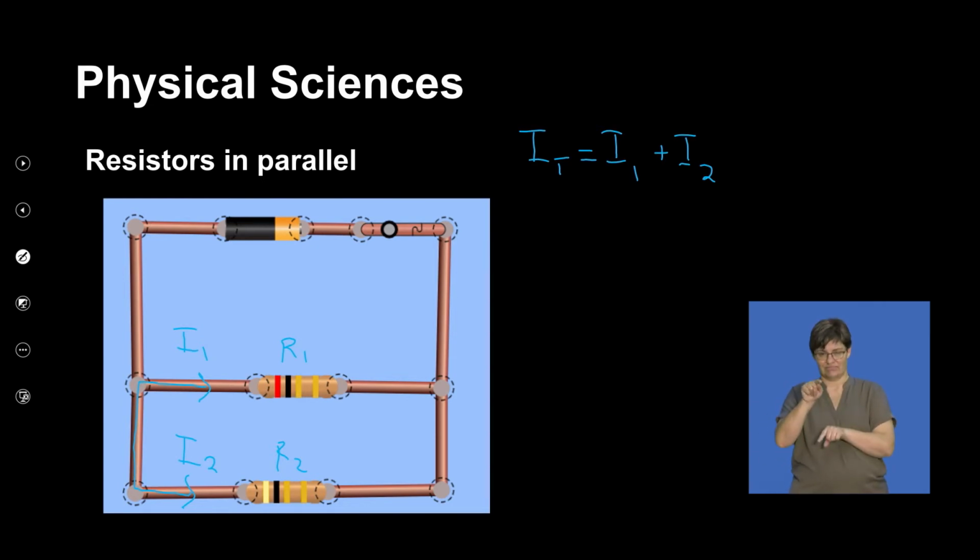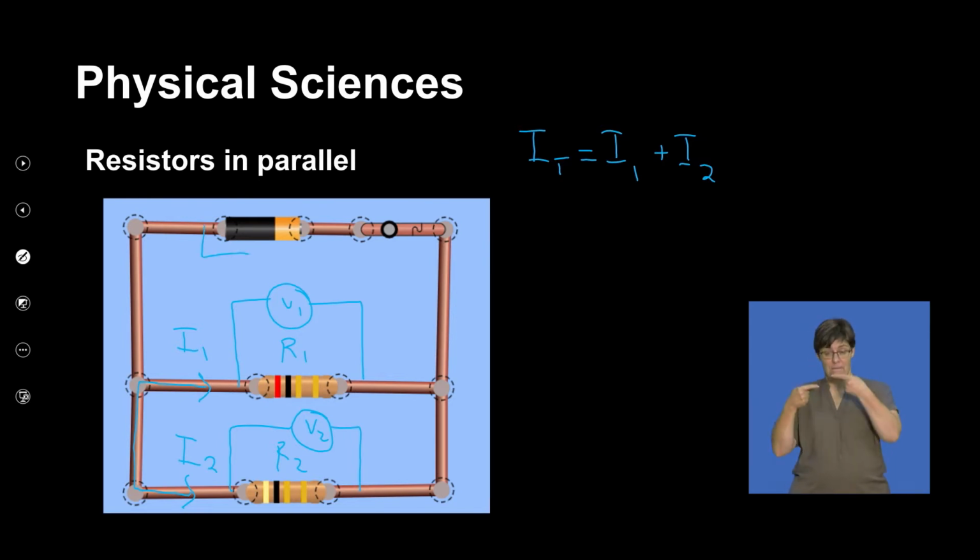So when this happens, we say current is split because there is more than one path for current to flow. But there's something very interesting about a parallel circuit that we need to remember. For argument's sake, this is V1 and this is V2. As long as it's a parallel combination, the voltage must remain constant.